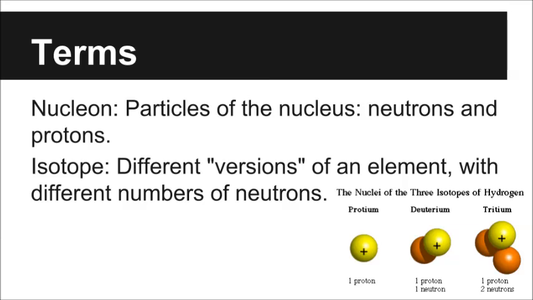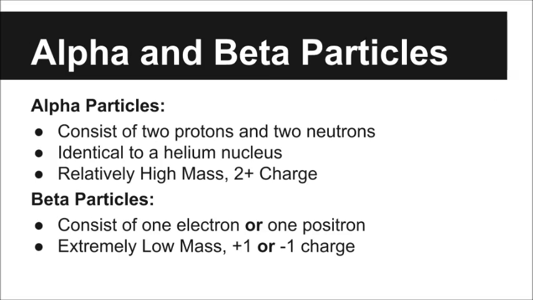That's called protium. Then you have deuterium with one proton and one neutron. Then you have tritium with one proton, two neutrons. But that's always hydrogen, just a different number of neutrons.